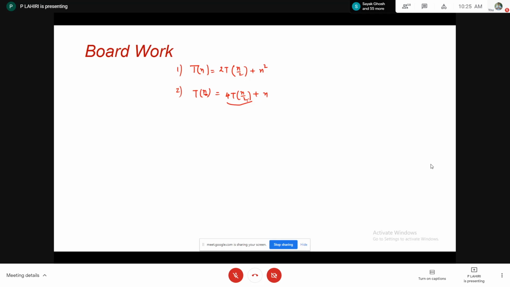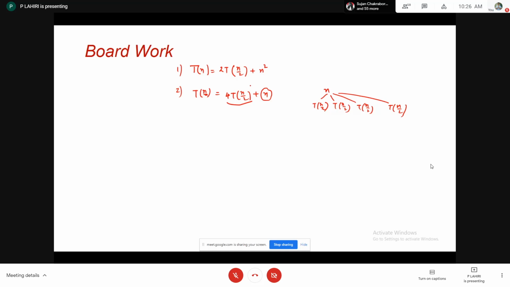How many T terms are there here, and how many T-less terms? Four T terms and one T-less term. So if you arrange it, it will be T of n by 2, T of n by 2, T of n by 2, T of n by 2. So is it a binary tree? No. So not all the time are you supposed to get a binary tree.